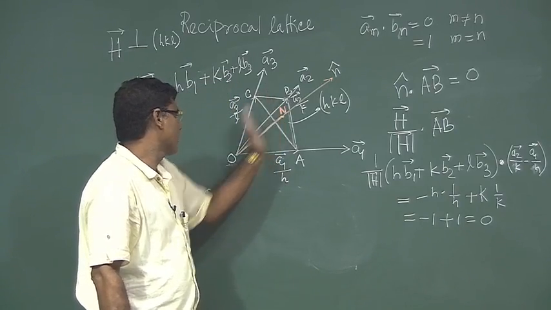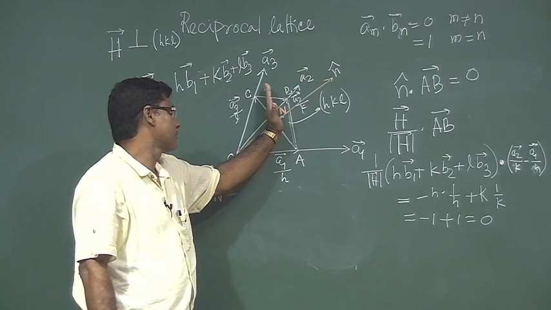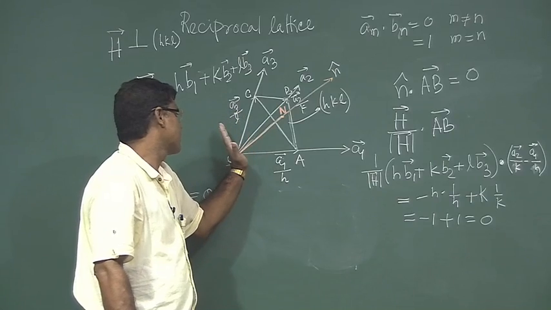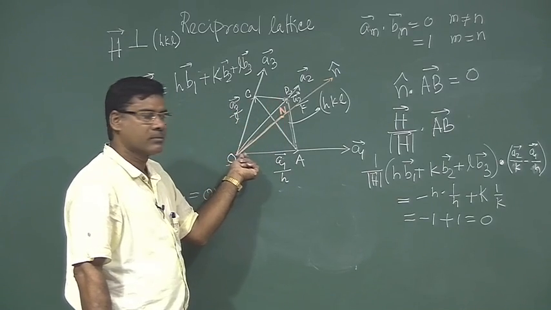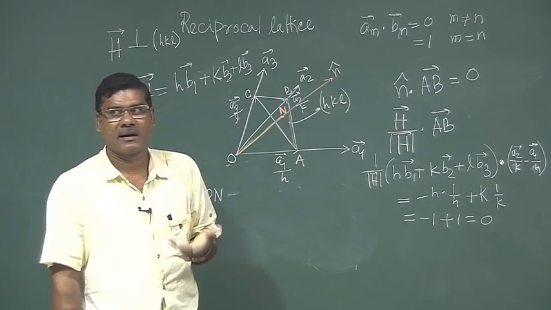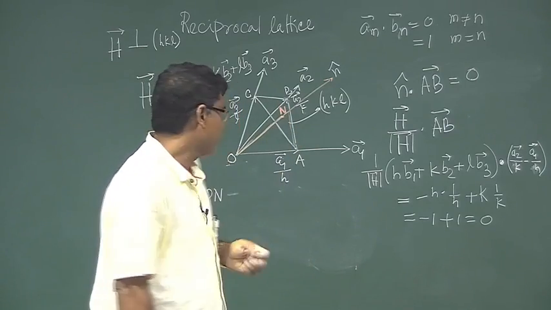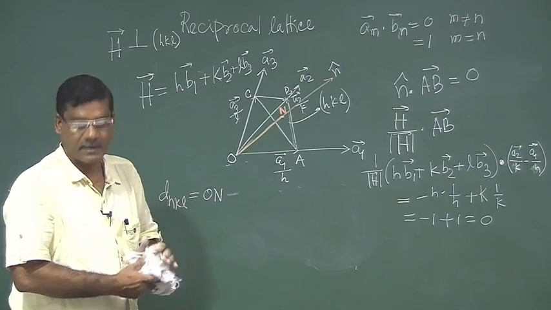At origin we can always consider the parallel plane of this one. So if you draw a normal from origin to this plane, that is nothing but the planar spacing. Okay. So this ON is nothing but dHKL, right.